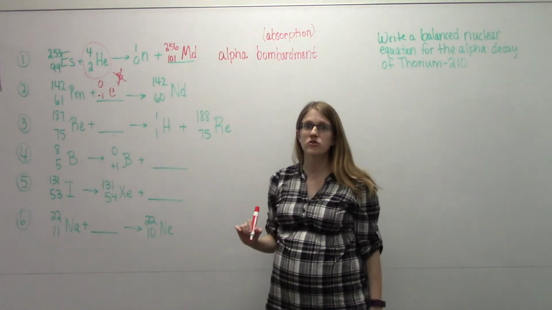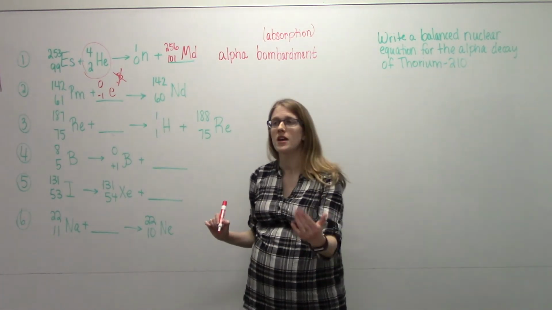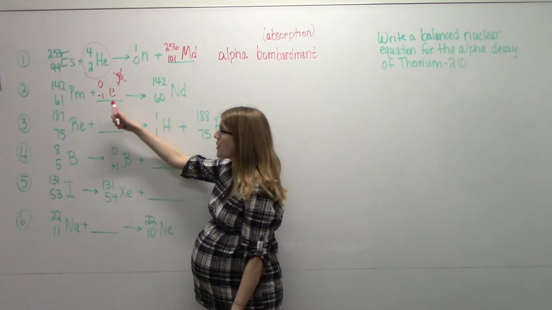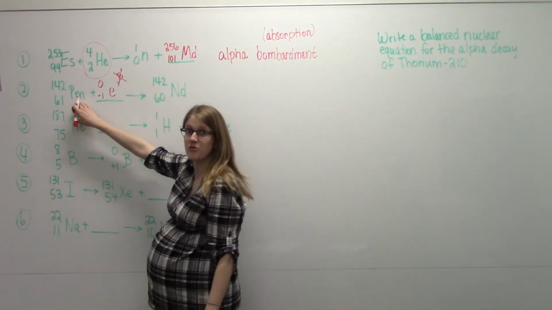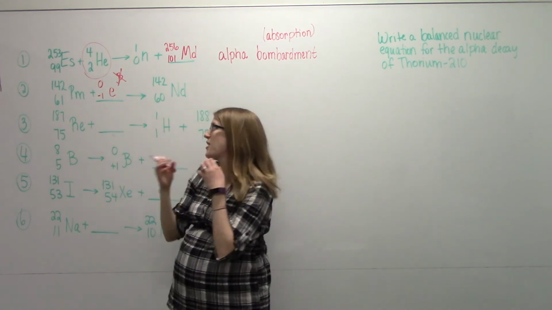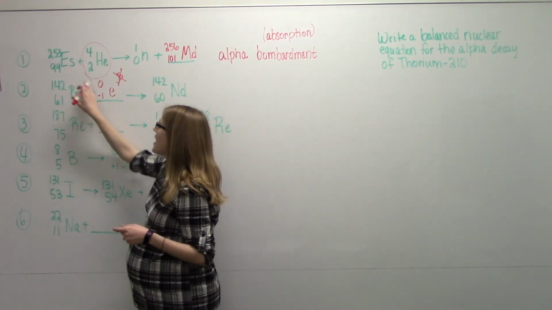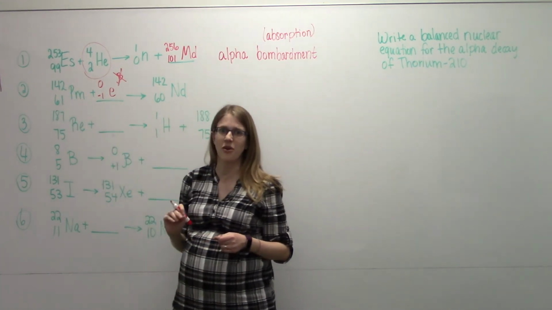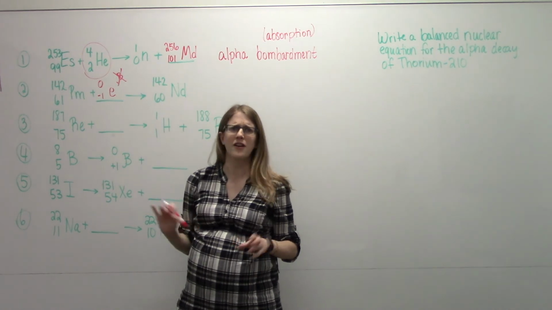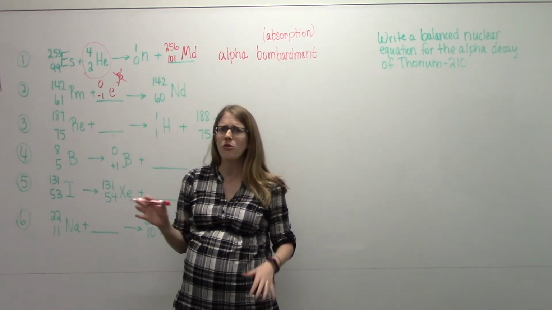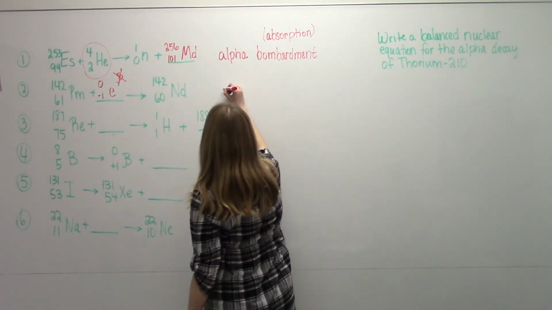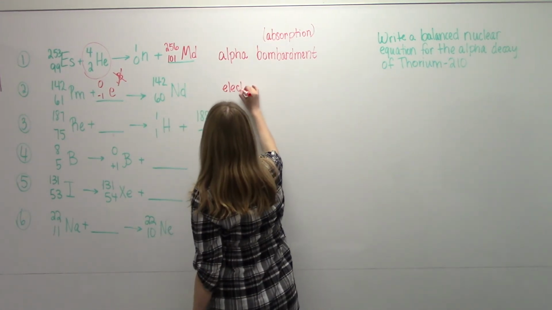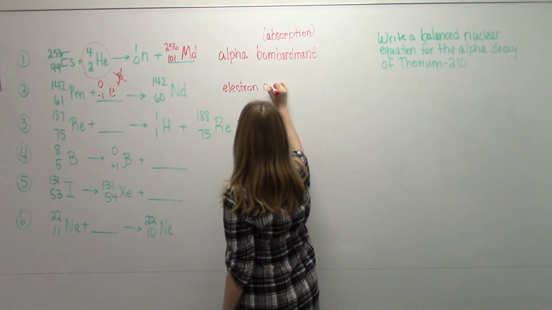Because beta refers to an electron that is being emitted. This is actually an electron being captured, and you know where that electron's coming from? It's actually coming from this nuclide. It's one of its inner electrons. The nucleus of this isotope is actually stealing one of its own electrons. Weird. Nuclear chemistry kind of breaks all the rules we thought were possible. So this one would be electron capture.